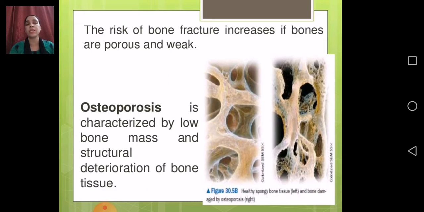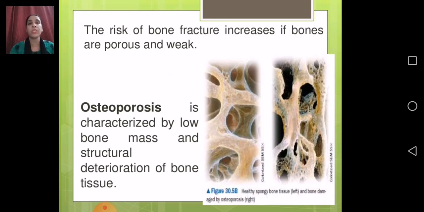Osteoporosis is characterized by low bone mass and structural deterioration of bone tissue. Here you can see healthy spongy bone tissue on the left, and bone damaged by osteoporosis on the right.